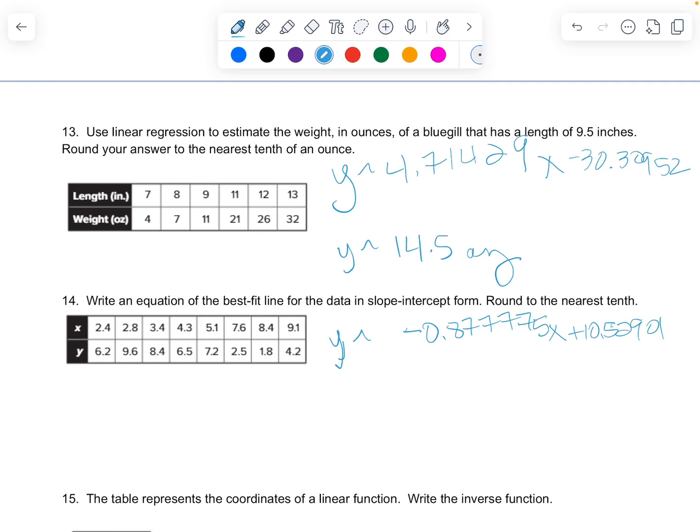Okay? Write the equation of the line. And then, I know it's not asking it, but our r value is negative 0.8384. So our absolute value would be about 0.8. So this is a strong correlation.